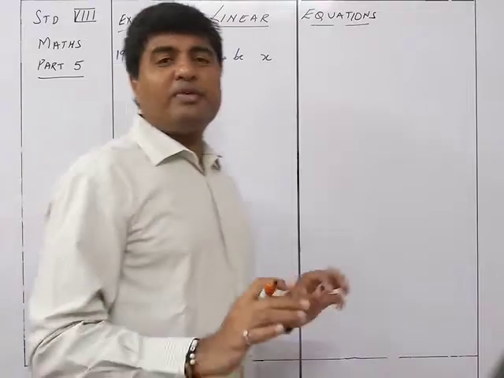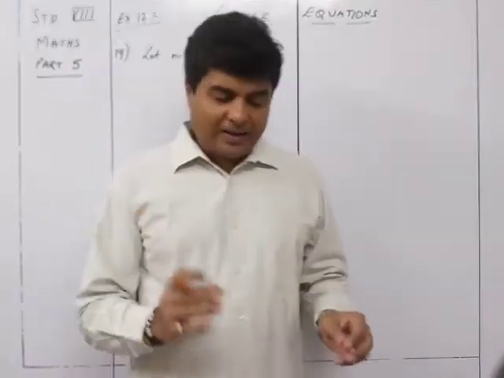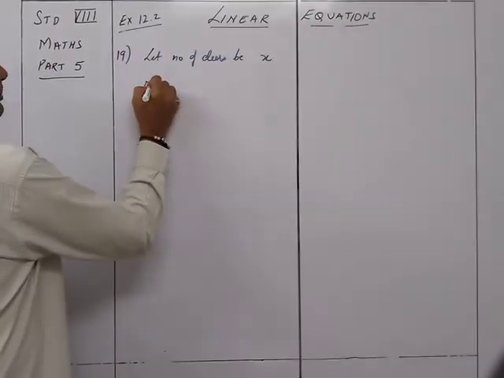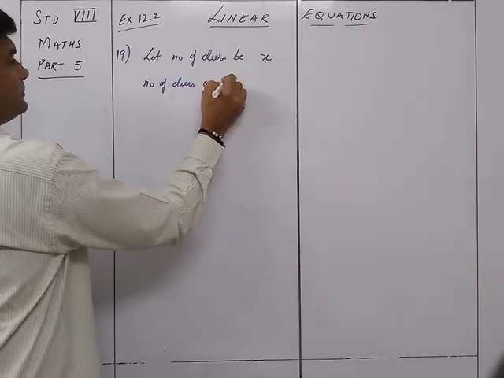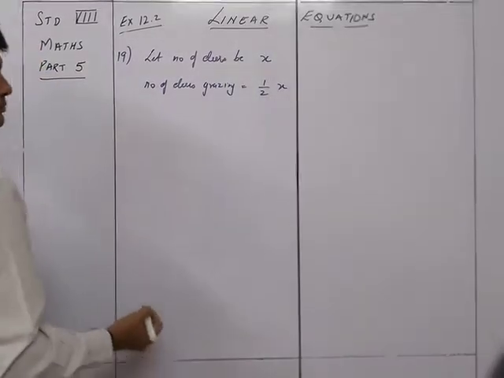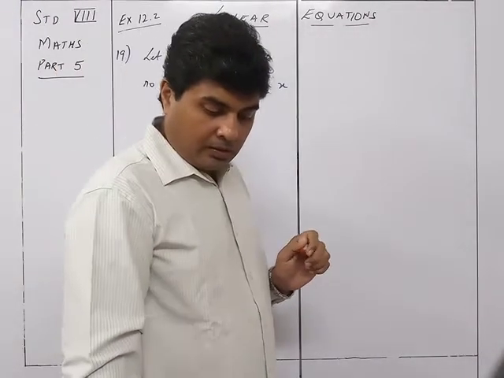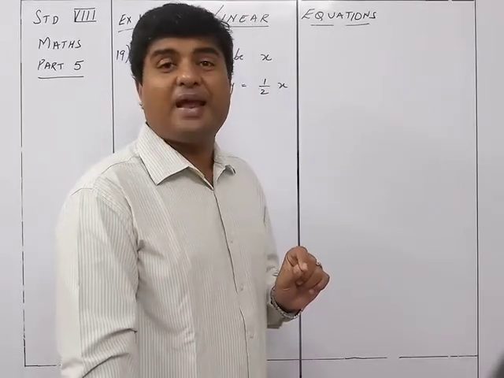So if the total number of deer is x, then what is going to happen? Partly, what are they doing? Grazing. So half are grazing. So the number of deer grazing is equal to half of x. The next is, 3/4 of the remaining are playing nearby.